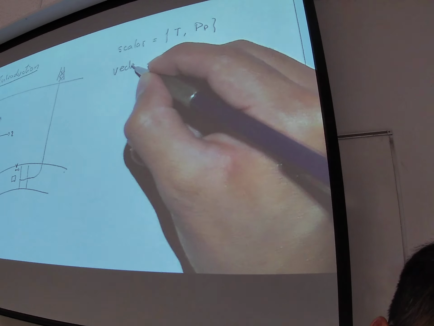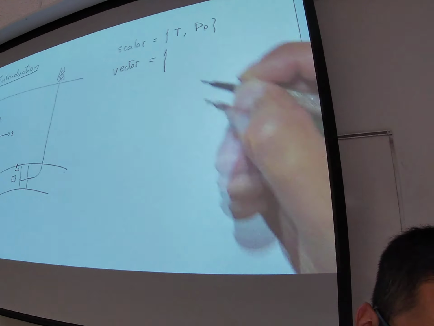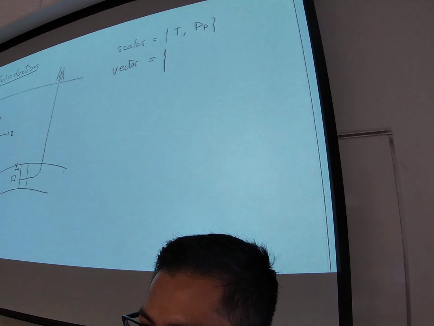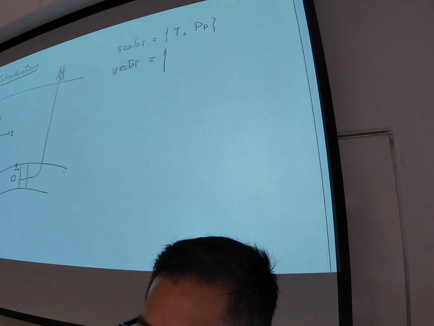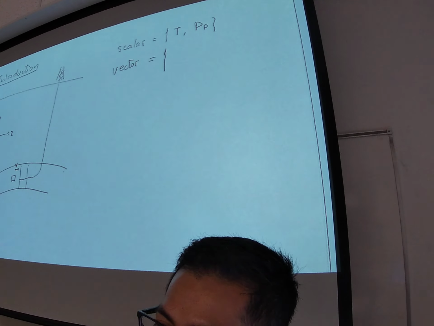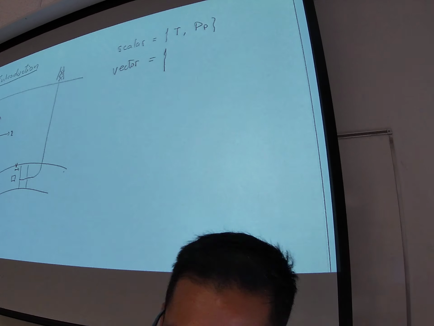How many numbers do I need to define that velocity vector in 3 dimensions? 3 numbers. I need 3 numbers because I'm in 3 dimensions.